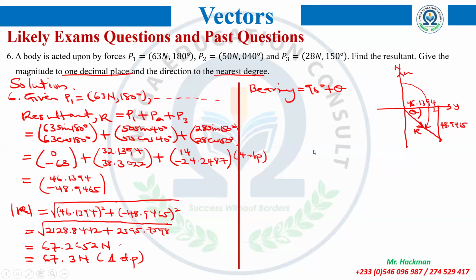In this case, I don't write negative here because I'm dealing with the side of a triangle. It must be positive. So the negative is taken care of in terms of the positioning of your vector. Take note of that. We said movement positive, movement negative, so you come down. So the negative has been taken care of by the movement down.